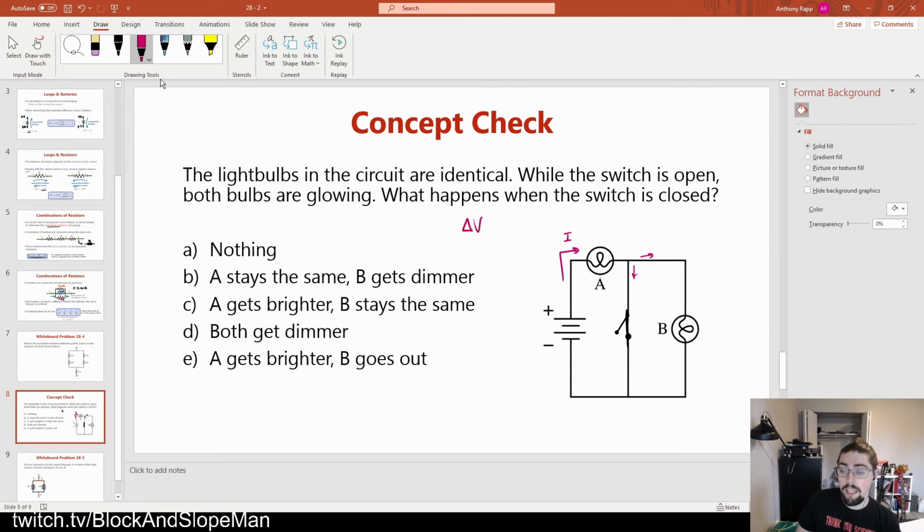The same potential difference from this battery still needs to be dissipated. So the total resistance has gone down, but the voltage from the battery is still the same. And that means the current has to go up to compensate. Power is I squared times R. Power goes up, brightness goes up. A certainly gets brighter.